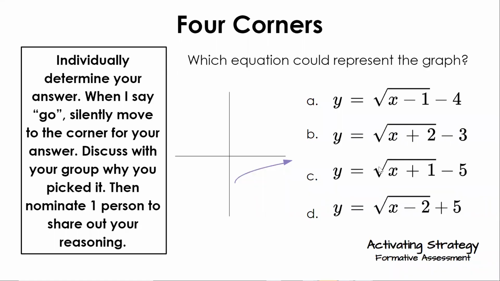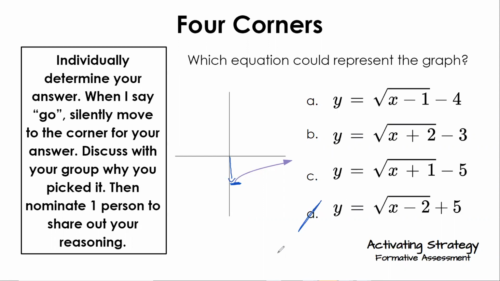How many of y'all say A? How many of y'all say B? How many of y'all say C? How many of y'all say D? Okay, so I got a couple of hands. All right, so it's to the right and it's down, right? The first thing that we're going to look at is this last number. It should be negative because it's going down.